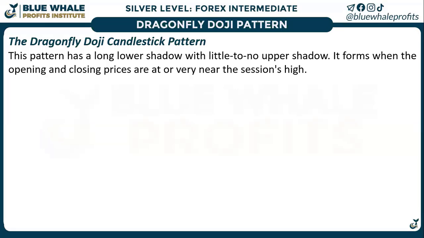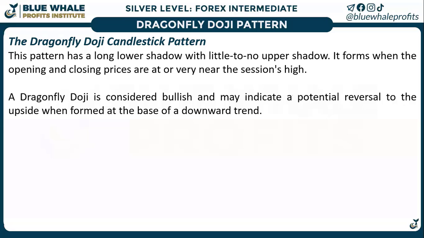That's where it opens, the market can go as low as possible, but it still comes back to close almost where it opened. A dragonfly doji is considered bullish and may indicate potential reversals to the upside when formed at the base of a downtrend. So this is how it looks like. It can appear in any form, either bearish or bullish. What matters is that you are getting the picture at the end of the day.